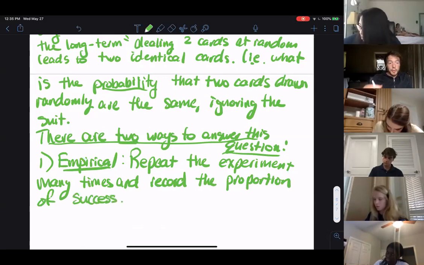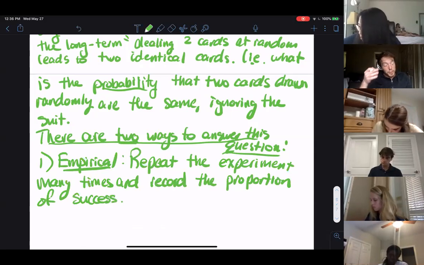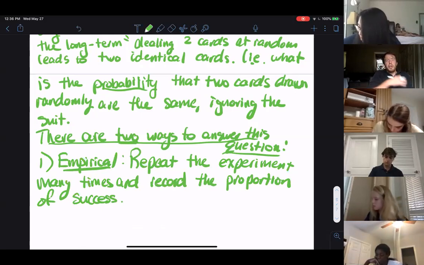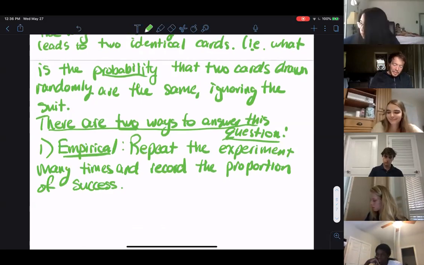If a probability is the proportion of times we get a success if we did it an infinite amount of times, well, let's just do it a huge amount of times and that'll be a good guess of what our probability is, the idea.